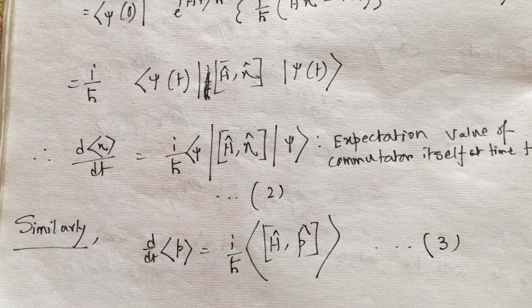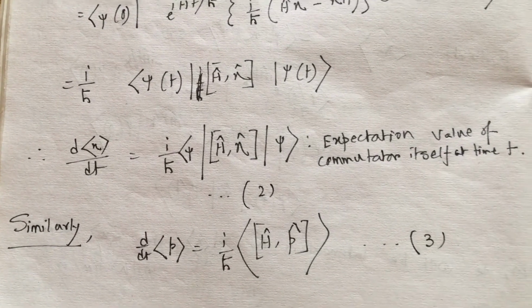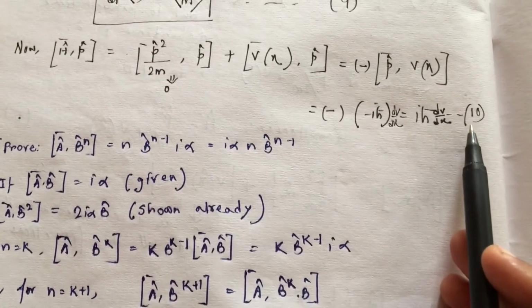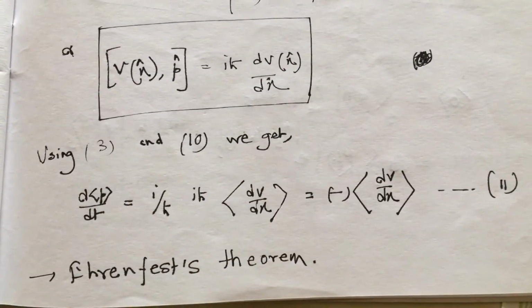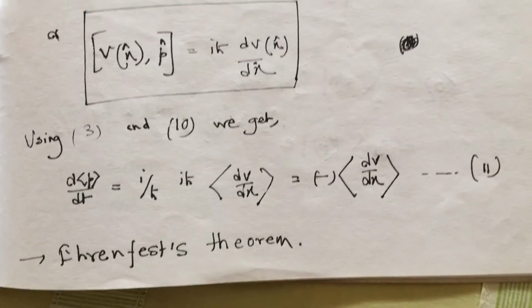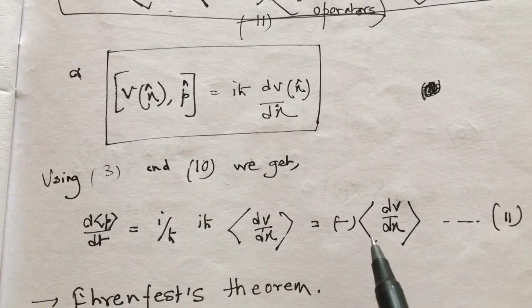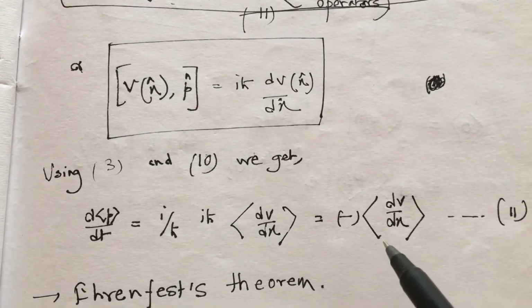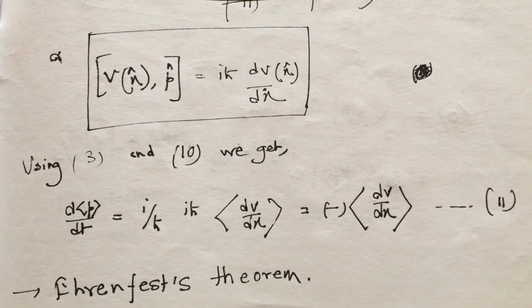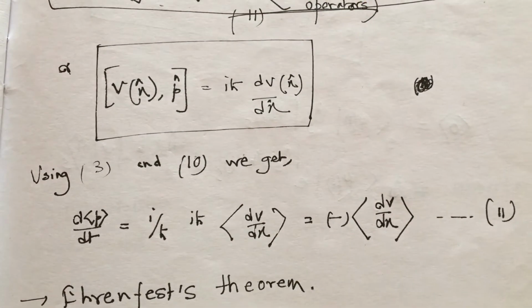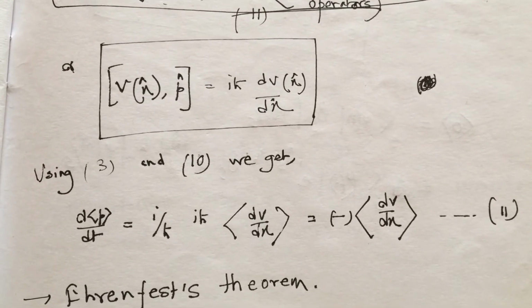So I am going to use equation 3 and equation 10 to obtain this relation, equation 11. And this is very important in terms of physics, in terms of understanding quantum mechanics.